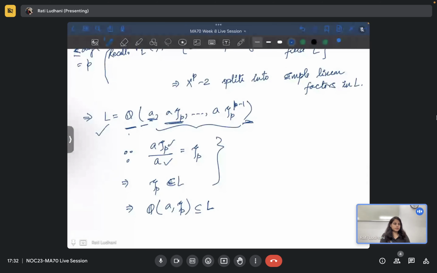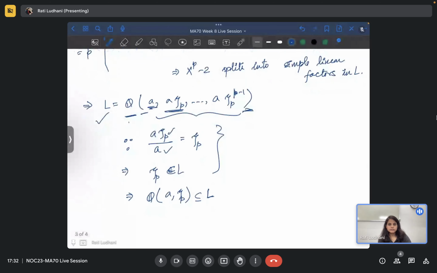Now we have to prove the other way around. Other side means we should be able to say that L is contained here. So what does this mean? All these elements should be in Q(A, zeta p).